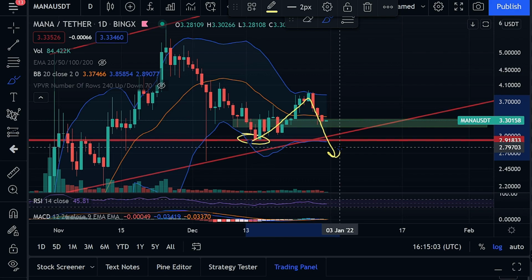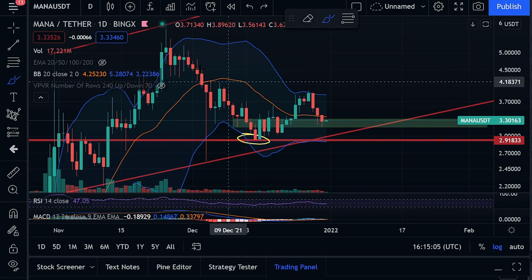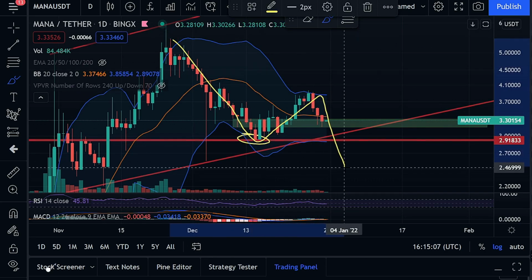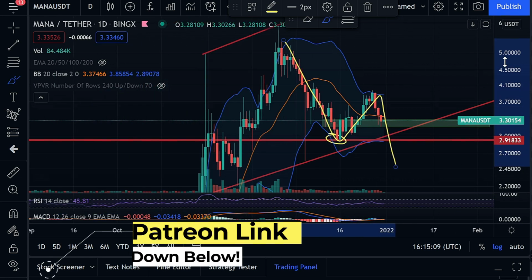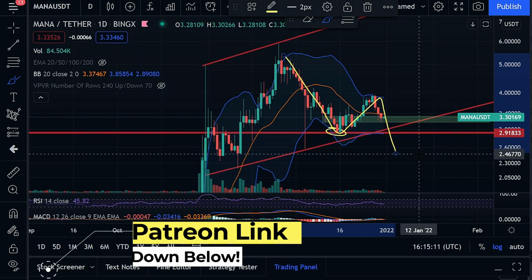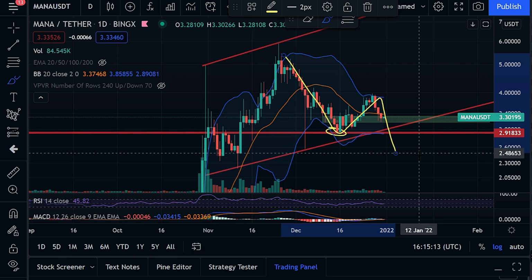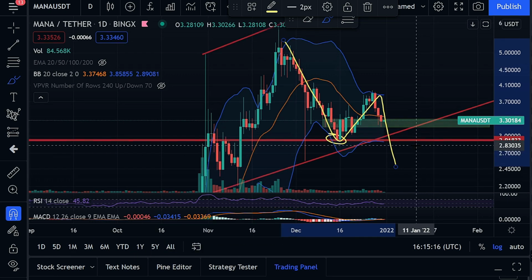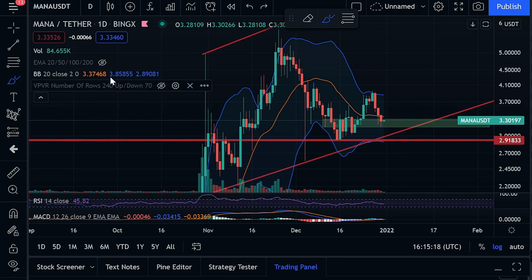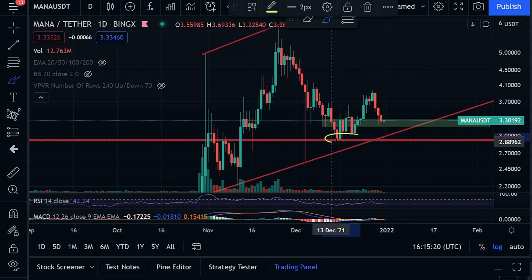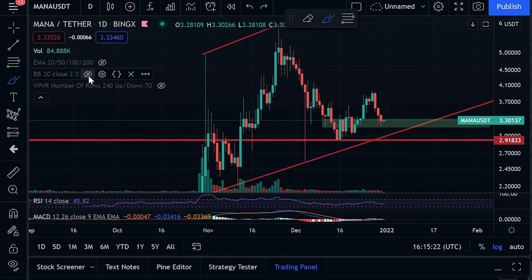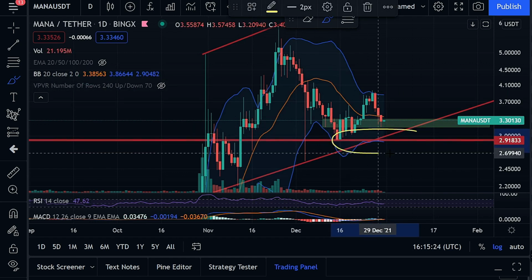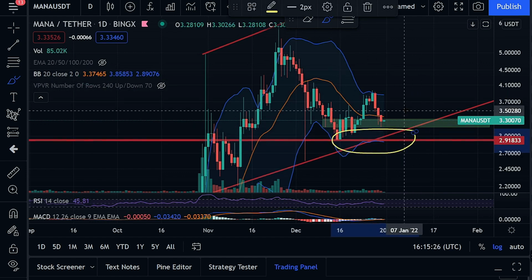What that tells us is that we could be looking at some rather large A, B, C correction, with that C wave meaning an even further extension to the downside, which could look like a fall towards $2.50 to possibly even $2.20. In the best case scenario, we don't lose $2.91. And considering our Bollinger Band envelope is below that right now, that is on the table, and we don't want to see that play out.